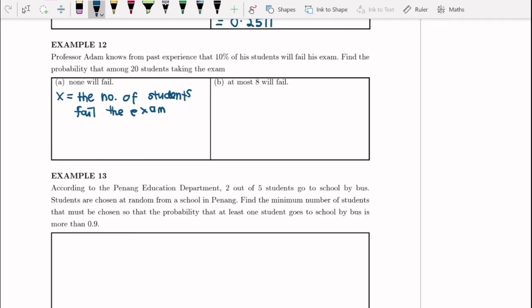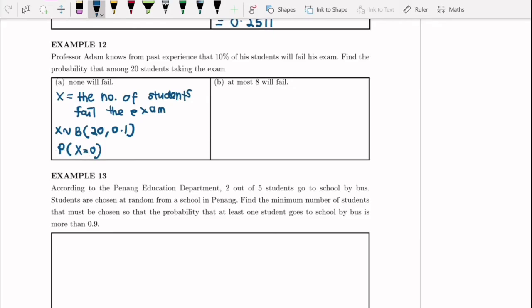So x can be binomial distribution with n equals to 20 and p equals to 0.1. For this question, we can use binomial because we only have two outcomes, whether the student fails or the student passes. Now the question is find the probability none will fail. That means probability x equals to 0.